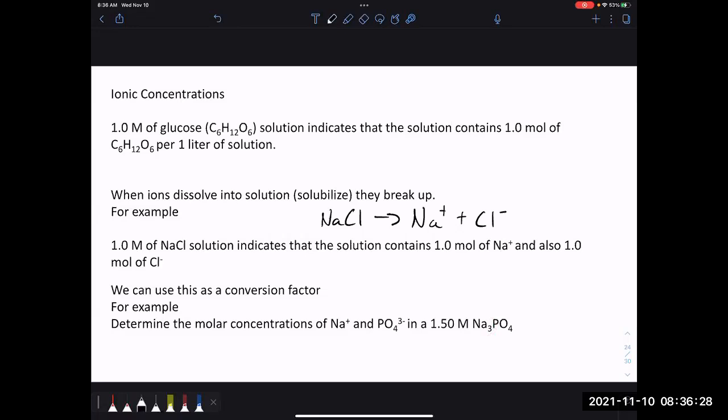So if we have 1.5 molar sodium phosphate and we want to find the amount of sodium, we have 3 sodium atoms per every 1 sodium phosphate.